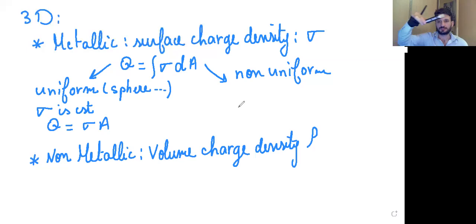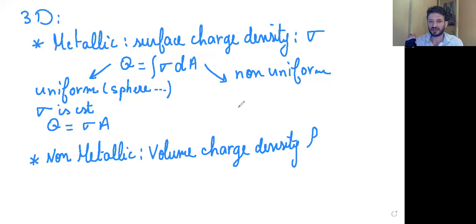Let's take a three-dimensional object. If this object is a metallic object, the charges will move away from the center. So as you see, the charges will be collected at the corners of the object, here, here, here, and here, okay? And here we don't have charge. Here we don't have charge. Here we don't have charge, okay? So in this case, we don't have a uniform charge distribution, okay?